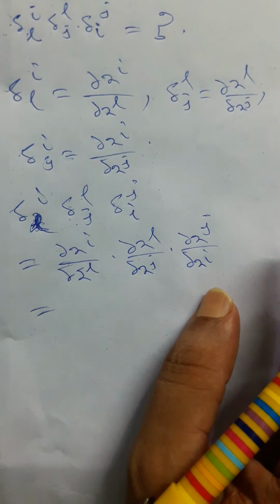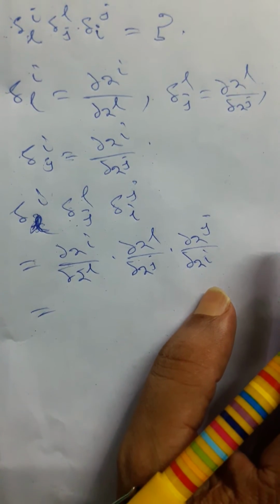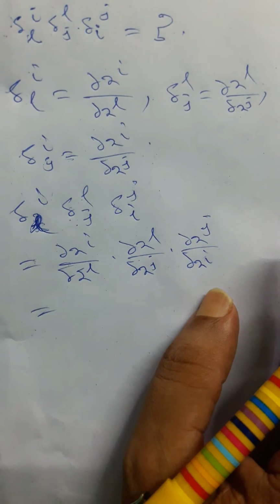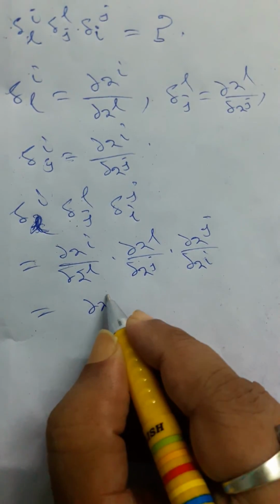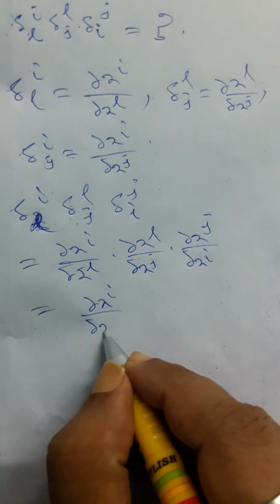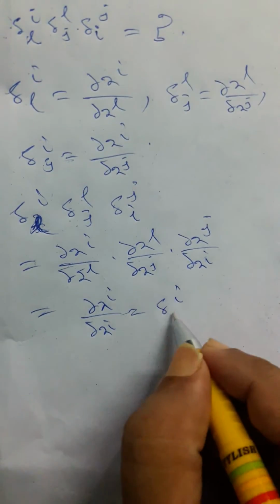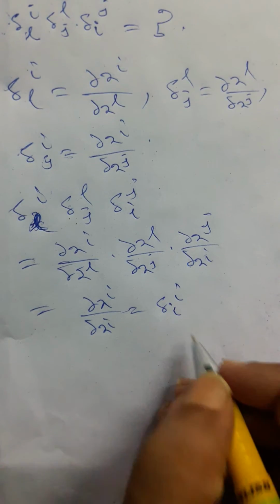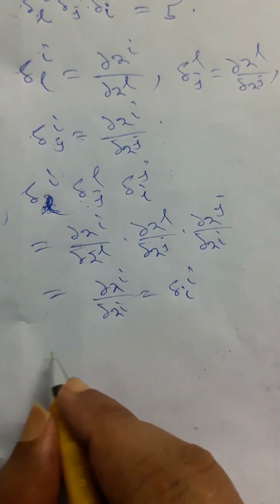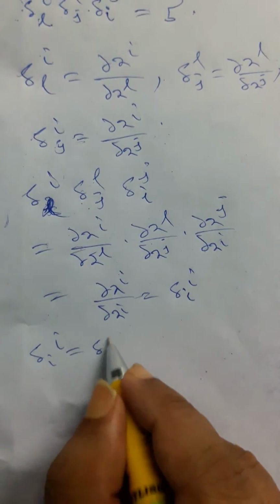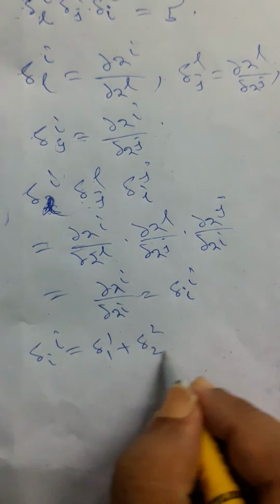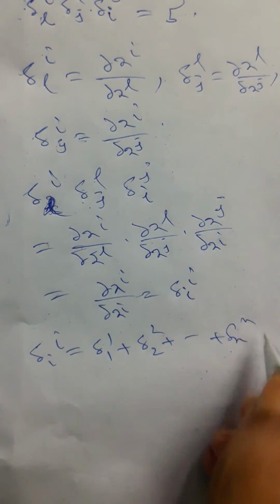So what will be its value? By the chain rule, we have del x_i and del x_i, that will be delta_ii. Now what will be the value of delta_ii? Delta_ii is equal to delta_11 plus delta_22 up to delta_nn.